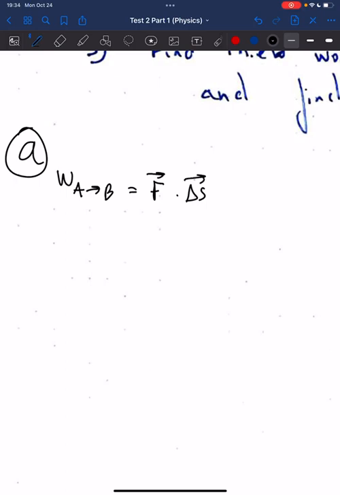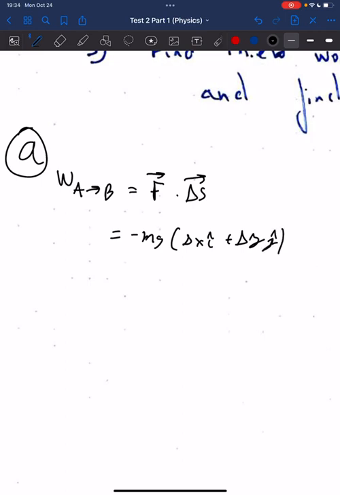We're going to represent this as the negative of mg, times the change of x of the initial vector, plus the change of y, the second vector.